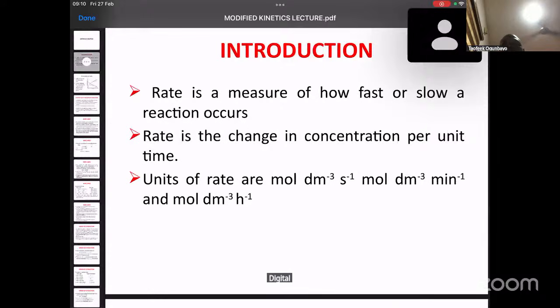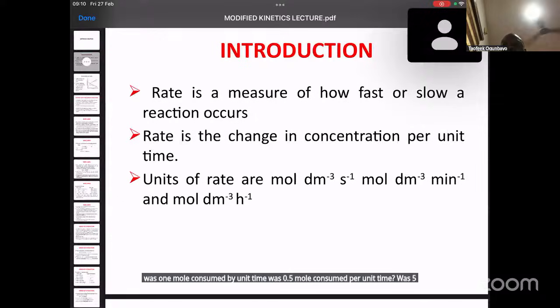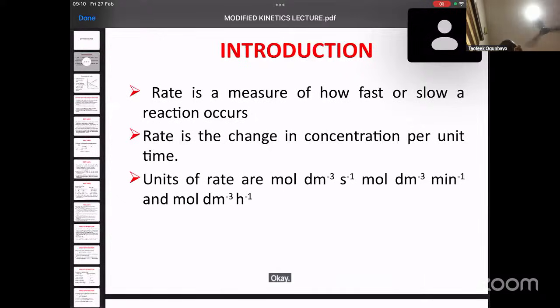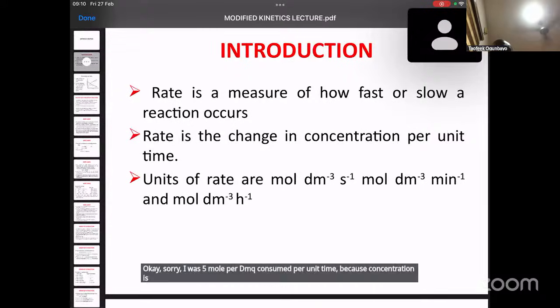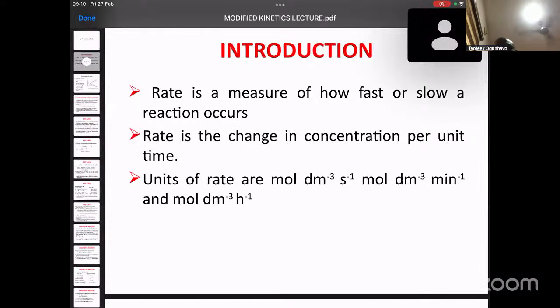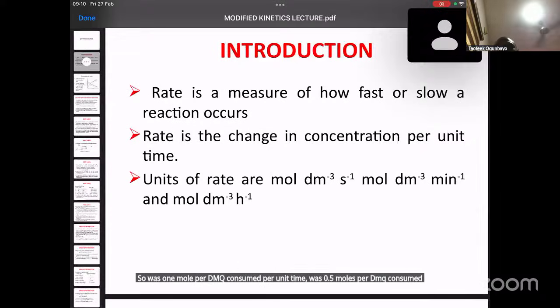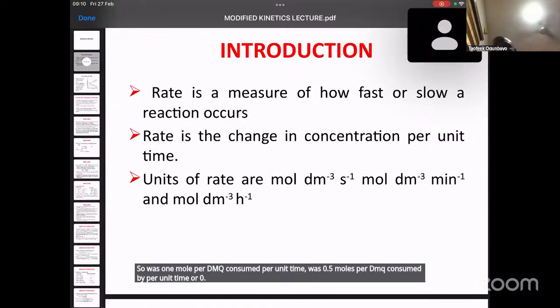Was 1 mole consumed per unit time? Was 0.5 mole? Was 5 mole? Sorry, was 5 mole per dm cube consumed per unit time? Because concentration is not mole, it is mole per dm cube. So, was 1 mole per dm cube consumed per unit time? Was 0.5 mole per dm cube? Or 0.1 mole per dm cube?